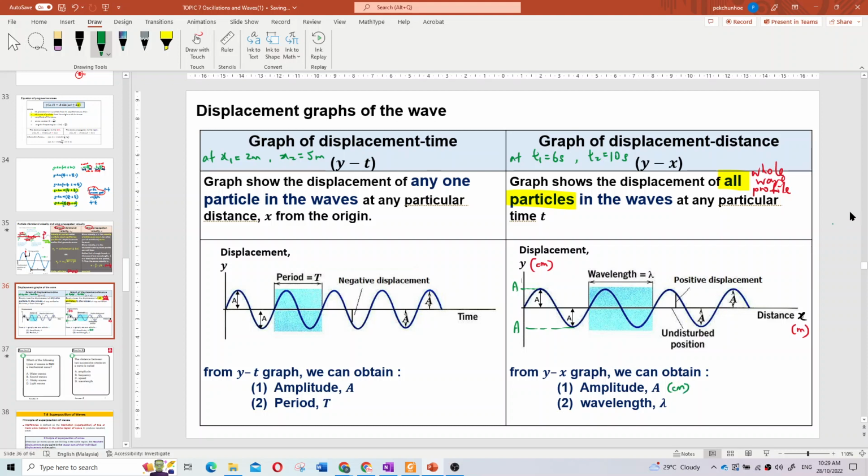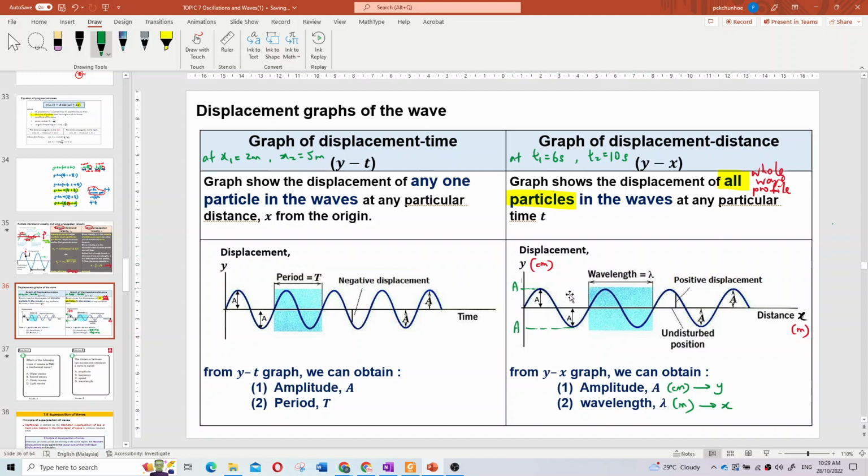If distance is in meter, that means lambda also in meter. So this one refers to y, this one refers to x. Okay? The unit. So pay attention to the unit at the axis. And from this one you can get the wavelength.